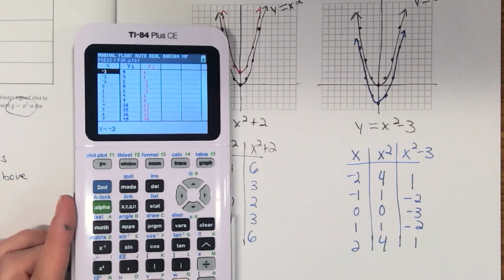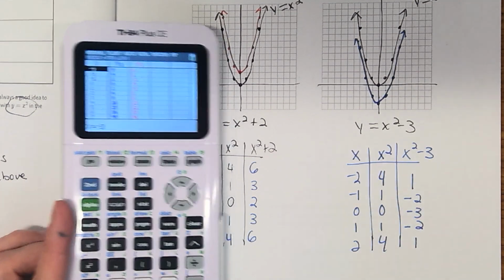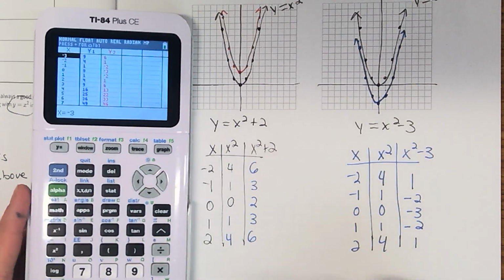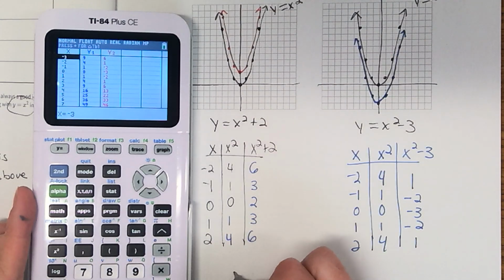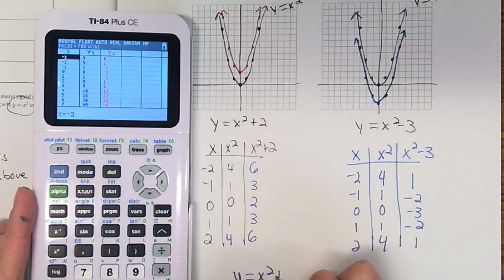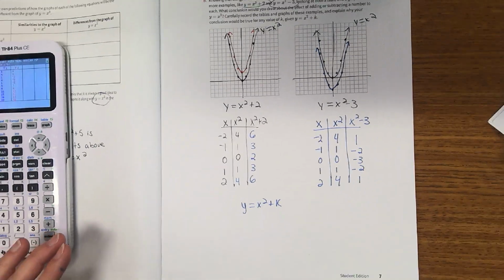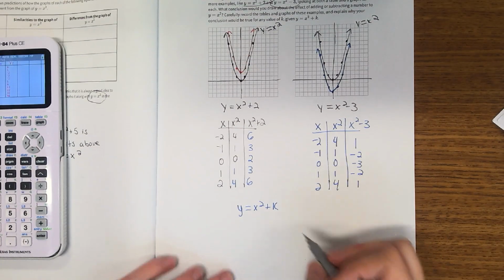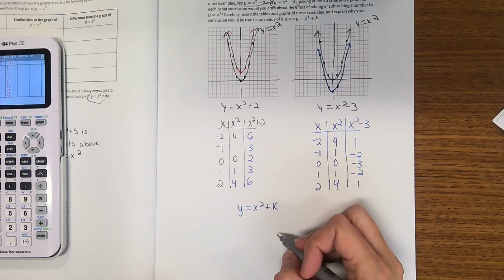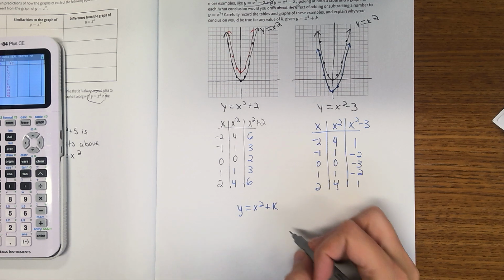So it seems to hold true that when we have an equation like this, y equals x squared plus k, the k value is going to shift the graph.